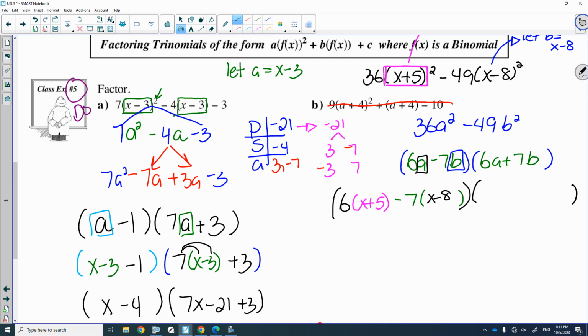Second bracket has a 6. A comes out. A was x plus 5 plus 7. B was x minus 8. Do you guys see where this is going?